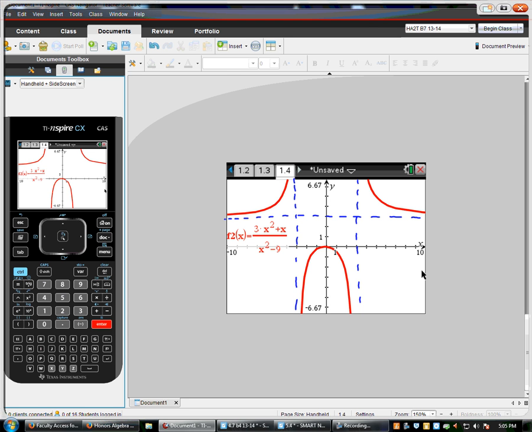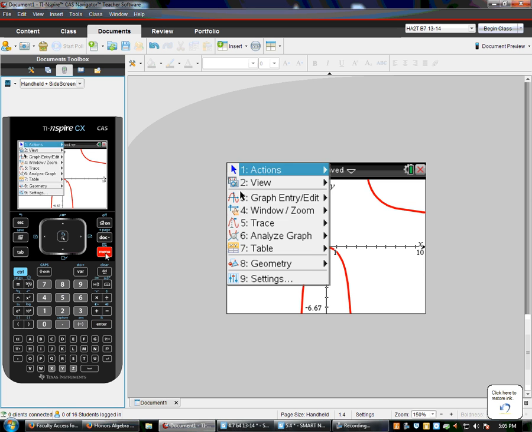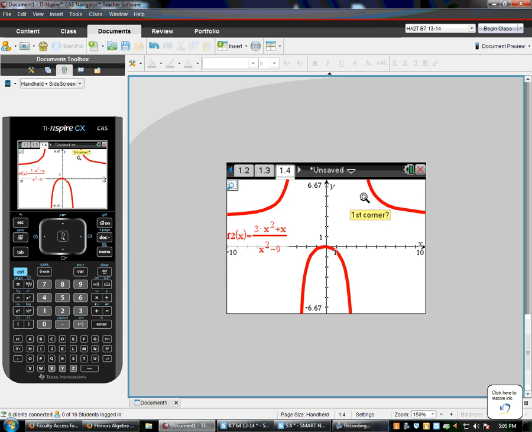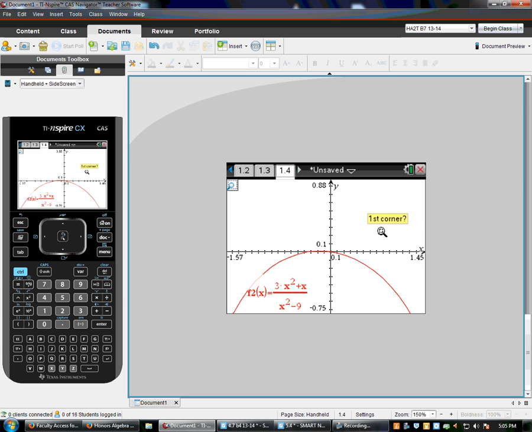All right, and also it's hard to tell right now from my graph, but we have 2 zeros, one at -1/3 and one at 0. And I want to prove that to you because you can't really tell from this picture. So let me just demonstrate that by going menu, window zoom. I'm going to make a box and zoom in right here on this little piece of the graph, and still hard to see.